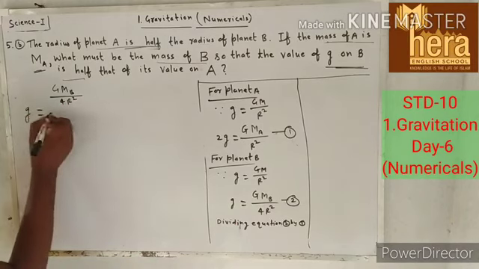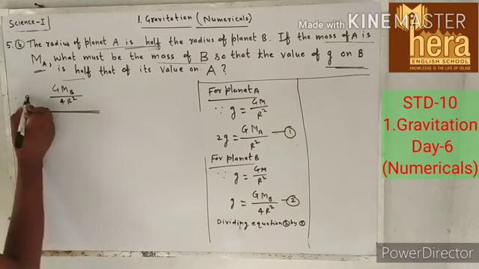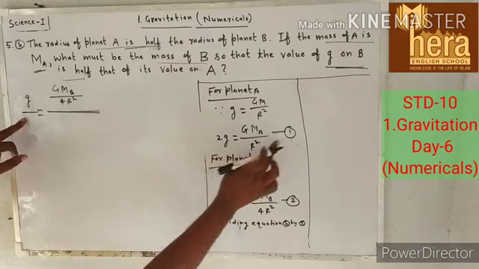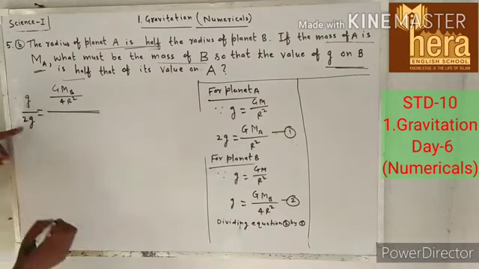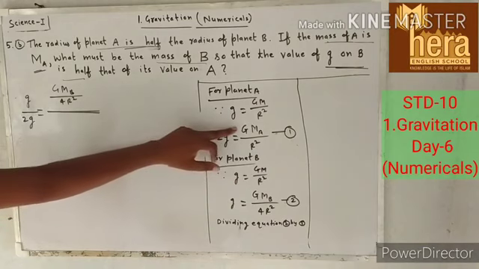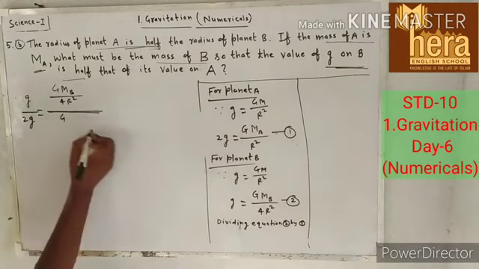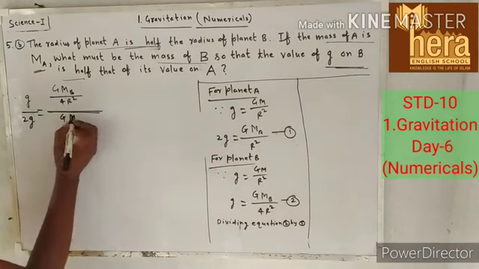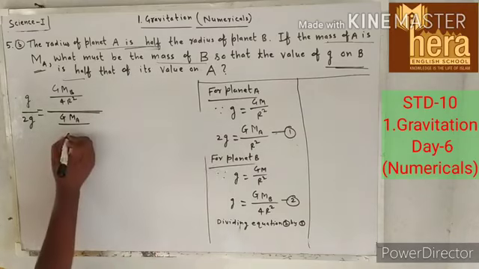Equation 1 is 2g, this is the main line, equal to G MA upon R square.